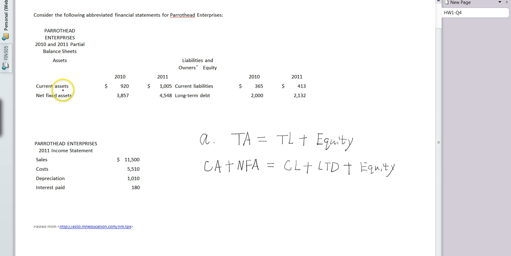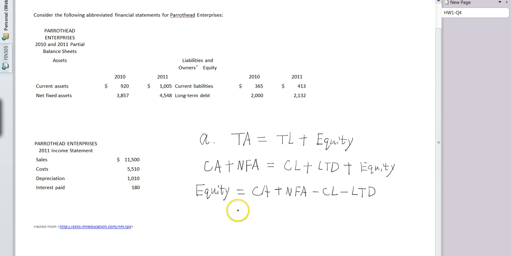So now current assets and net fixed assets, they are both given by this balance sheet, and current liabilities and long-term debt, they are also given. So from this equation, we can solve out equity. So equity equals current assets plus net fixed assets minus current liabilities minus long-term debt.